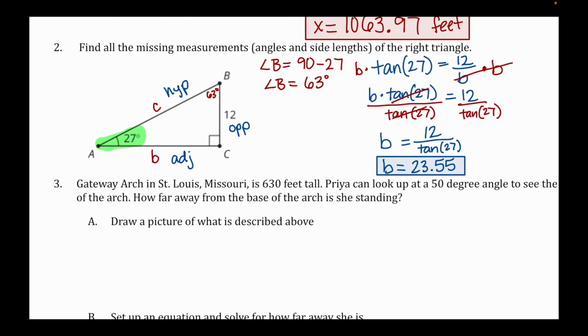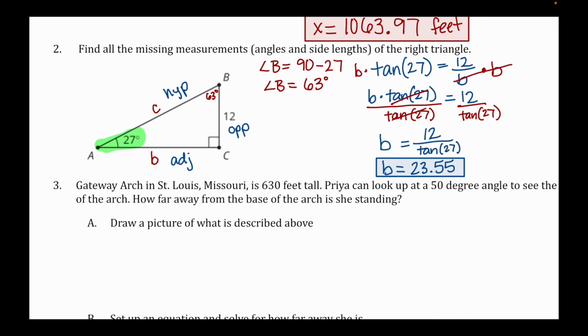I guess I'll do this one in purple or something, so it's still not going to blend in with the rest. In order to find C, which is the hypotenuse, we are going to use something instead of tangent. So I'm going to use opposite and hypotenuse because even though I now know a number for B, it's a weird decimal and I did have to round.